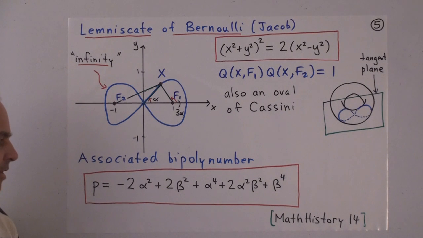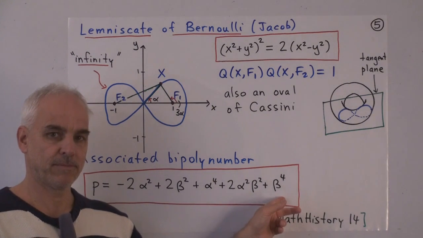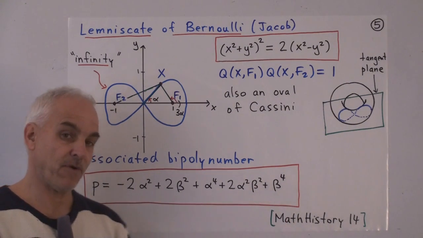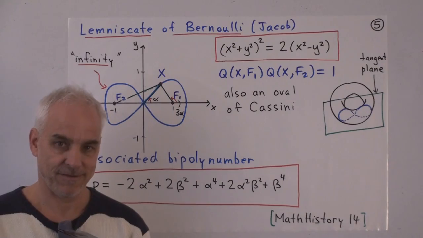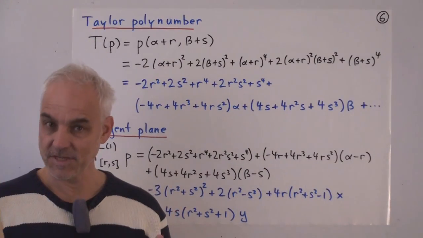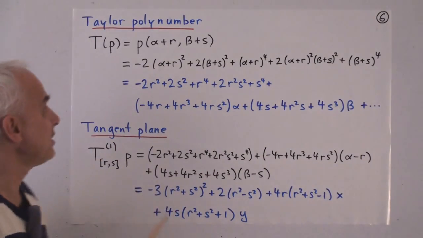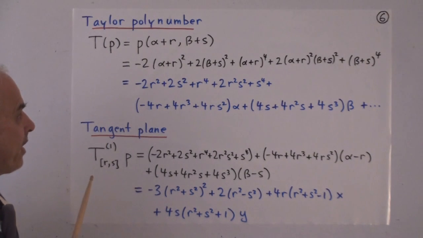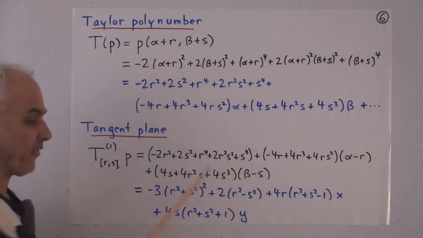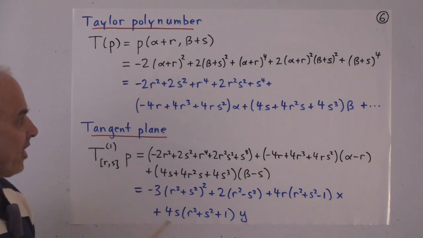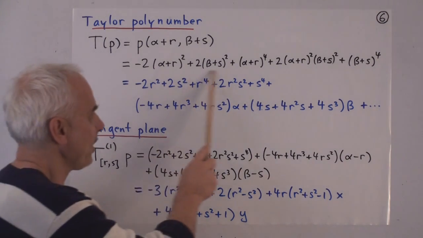That's a bi-poly number that captures all this geometrical stuff, and we can work algebraically with it. So our aim now is to find the first tangent to this thing. Okay, so the first thing that we do is calculate the Taylor poly number by replacing alpha with alpha plus r and beta with beta plus s. And there's what we get.